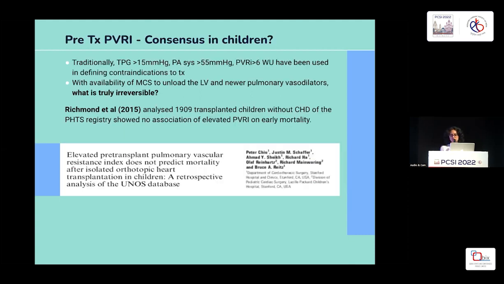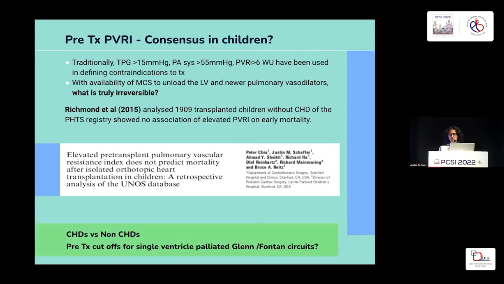The PVR cutoff, as I mentioned before, it has been standard that a cutoff of 3 be used for adults and 6 for children in most of the centers. However, with the availability of devices and newer agents like prostacyclin analogs, by around 2015, there were 2 major studies which demonstrated that in children without CHD, elevated PVRI did not have a role on early mortality.